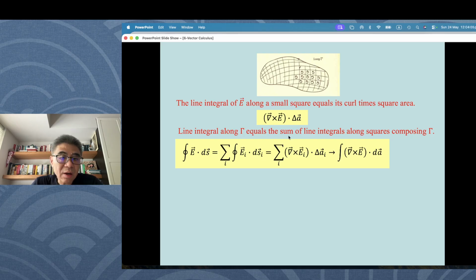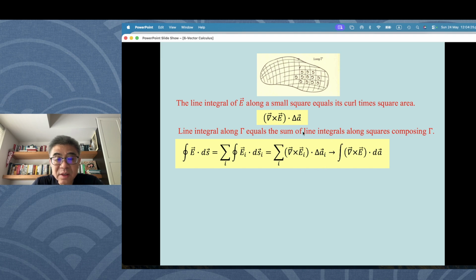Now I know how to calculate this integral for a small square. It is equal to the curl of E at the ith square dot delta A_i, and then sum up over i.